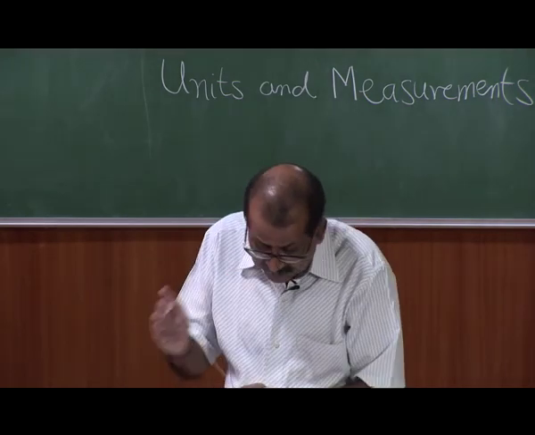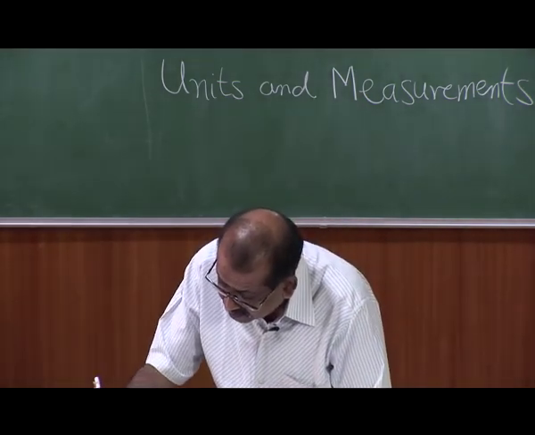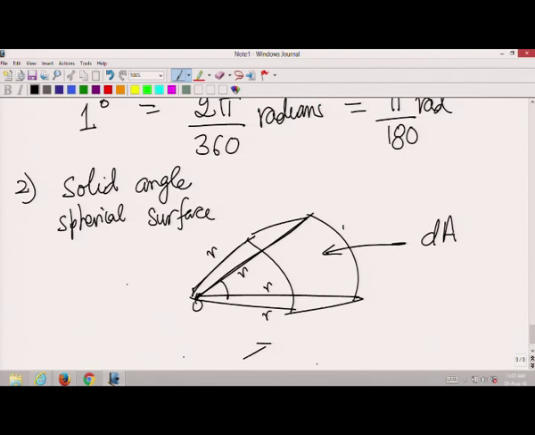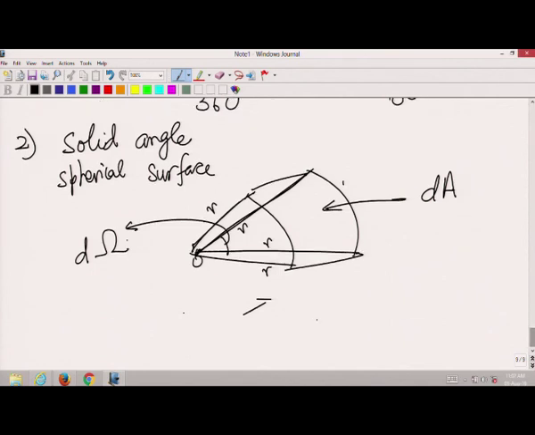If this area is dA, and the solid angle is d omega, then dA divided by r square gives me a measure of the solid angle d omega, and this measurement is in a unit called steradian.